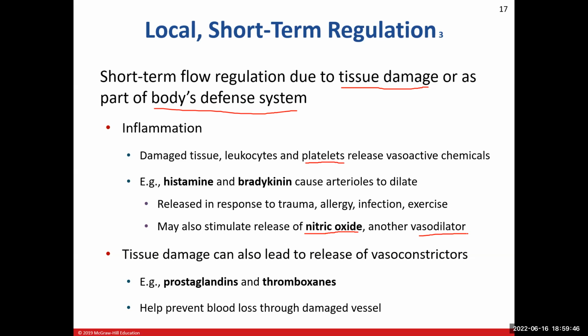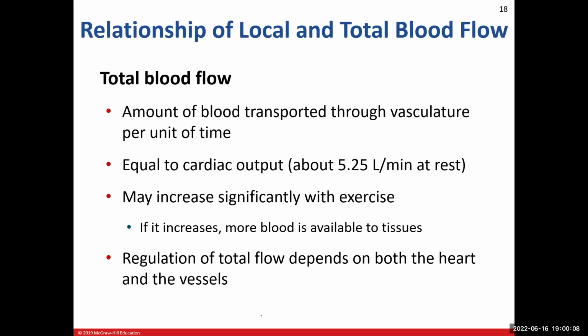And if you remember, eicosanoids fit in that classification of local acting hormones. Their job is going to be to cause vasoconstriction. And when we're causing vasoconstriction, we're going to decrease blood flow, which is good because this is going to help slow down blood loss. We have to make sure that we're not bleeding out.